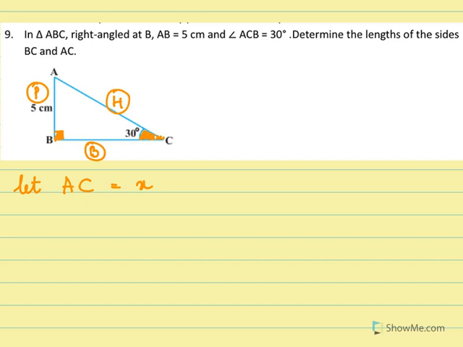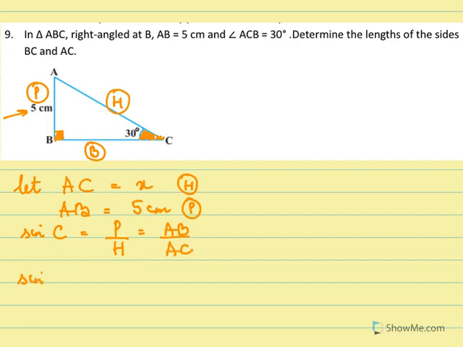So we have taken AC as x, and what is given to us? If you see, what is given to us is AB. AB is given to us as 5 centimeters. We know AC is the hypotenuse and AB is the perpendicular. Perpendicular and hypotenuse means we have to start with sine. So we have sine C. Sine C is perpendicular over hypotenuse. The perpendicular is AB and the hypotenuse is AC.